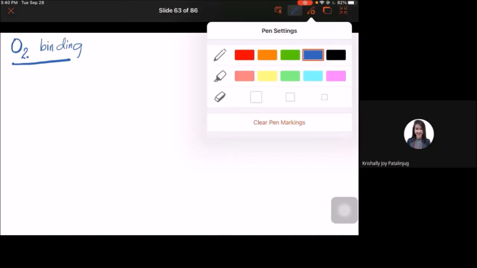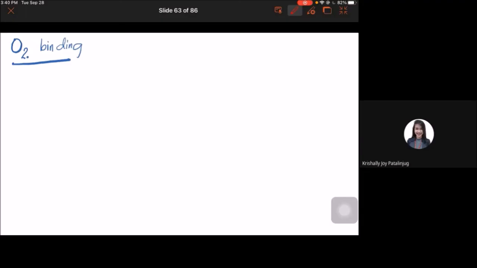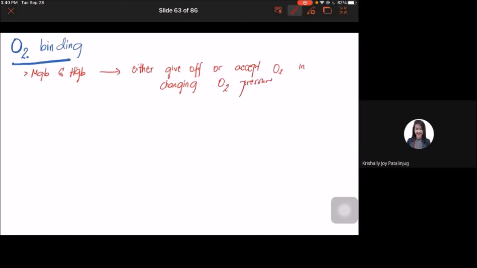So first, the general concept regarding oxygen binding with myoglobin and also hemoglobin. Please take note that these proteins, when it comes to oxygen, either give off or accept oxygen, depending on the surrounding oxygen pressure.